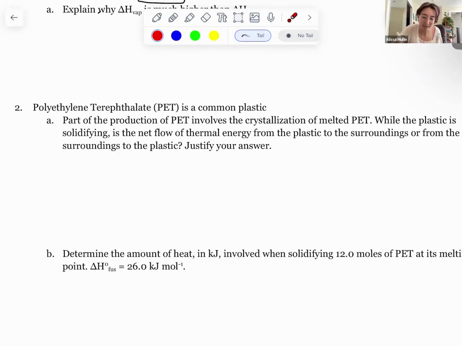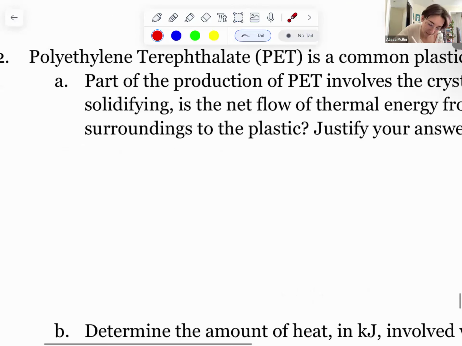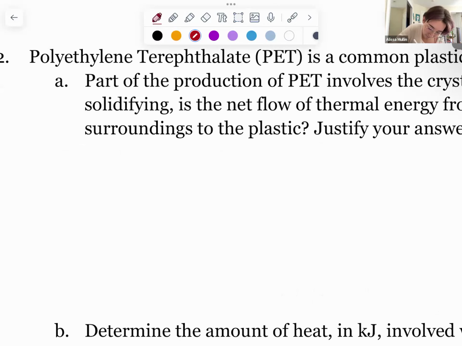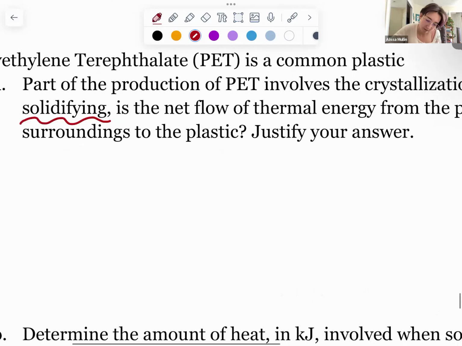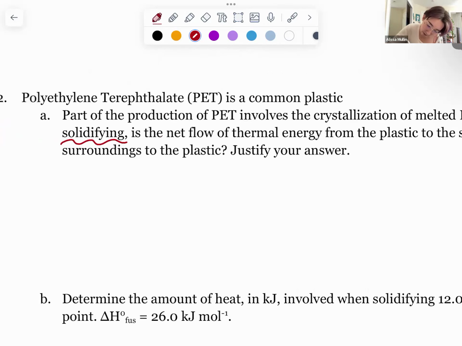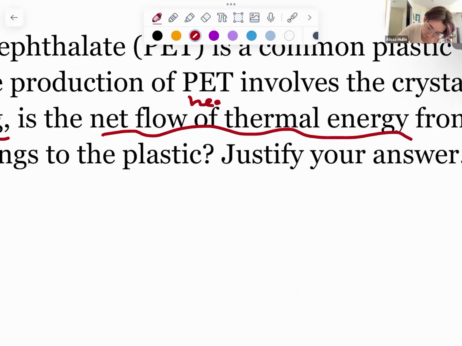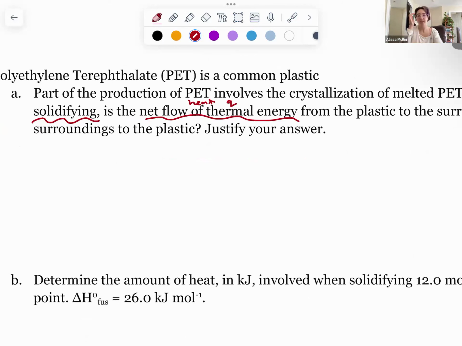It's whatever. But it asks, while the plastic is solidifying, what is the net flow of thermal energy? So flow of energy, we're talking about heat, going into the surroundings or into the plastic. Justify your answer.